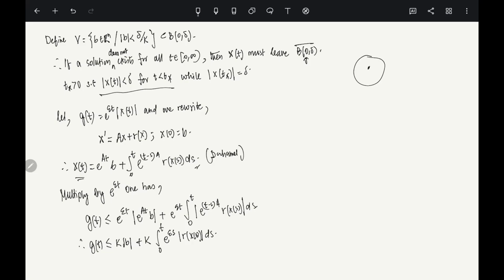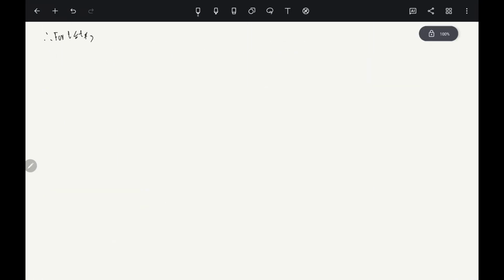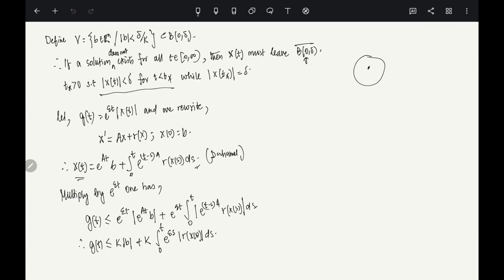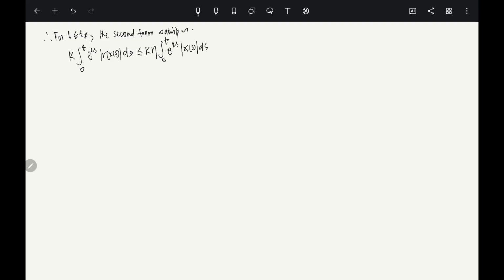So for t less than t star, the second term satisfies a bound. The integral from 0 to t of k times e power epsilon s r of x s ds is dominated by k times eta times the integral from 0 to t of e power epsilon s mod x s ds, which is nothing but k times eta times the integral from 0 to t of g of s ds.